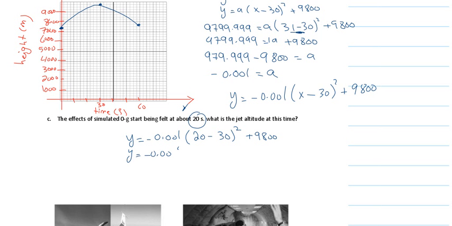So that's negative 10 squared plus 9,800. Negative 10 squared is 100. And that's going to be negative 0.1 plus 9,800.